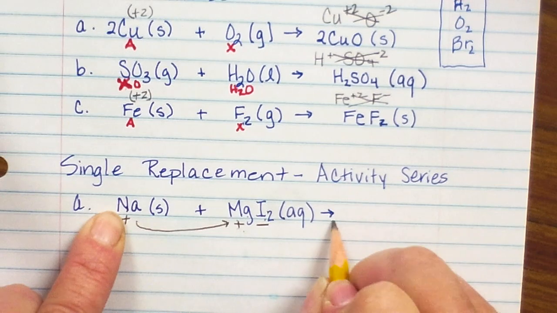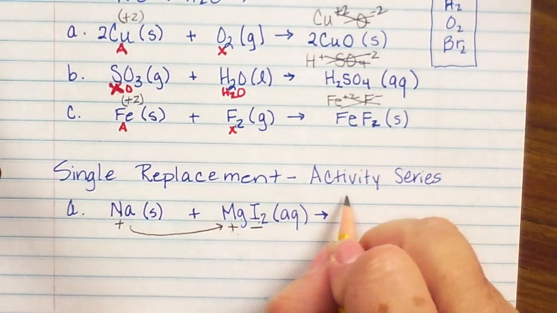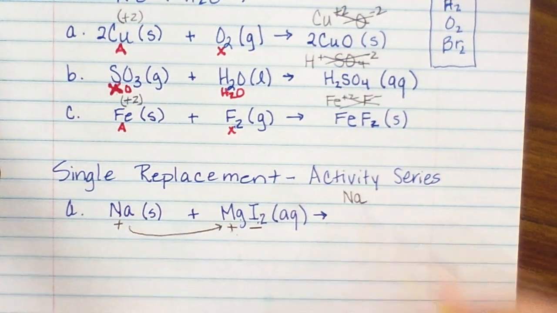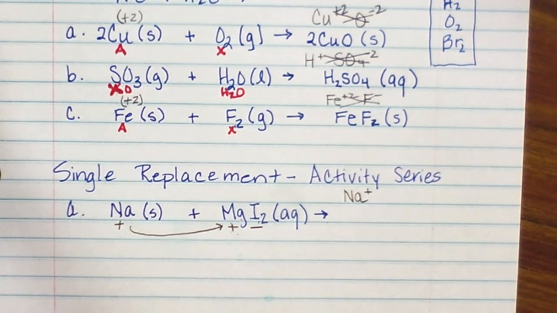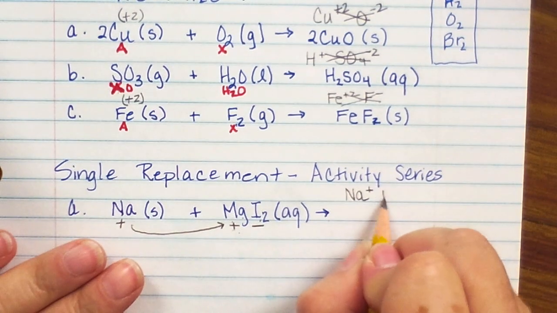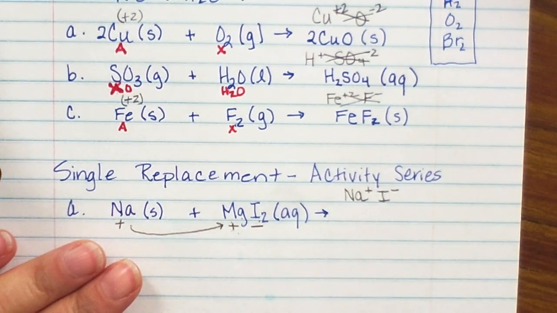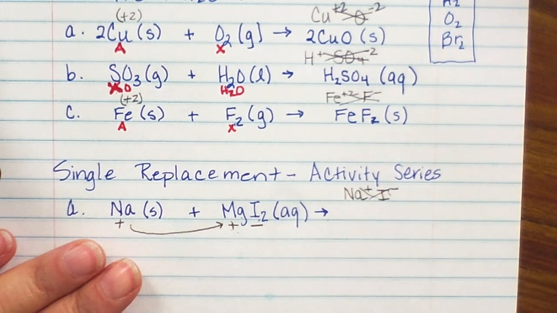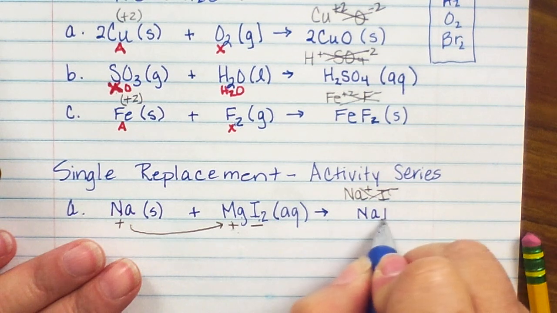So that means that in the products, remember, crisscross, we have to make a new compound. So I have sodium. What's the charge? +1. And iodide, what's the charge? -1. I crisscross, and I get sodium iodide.